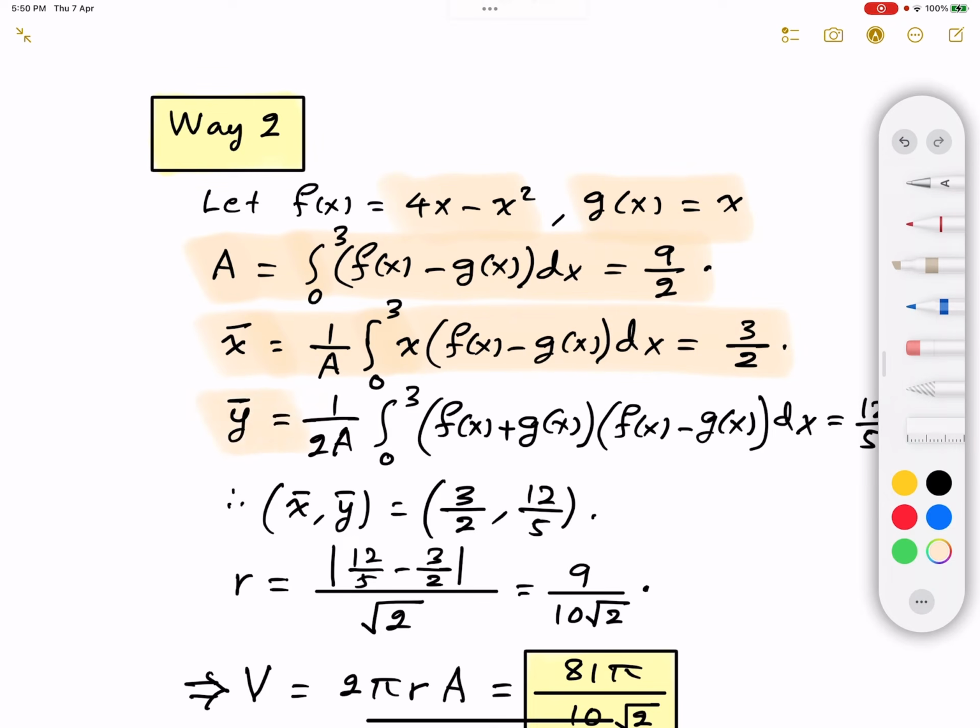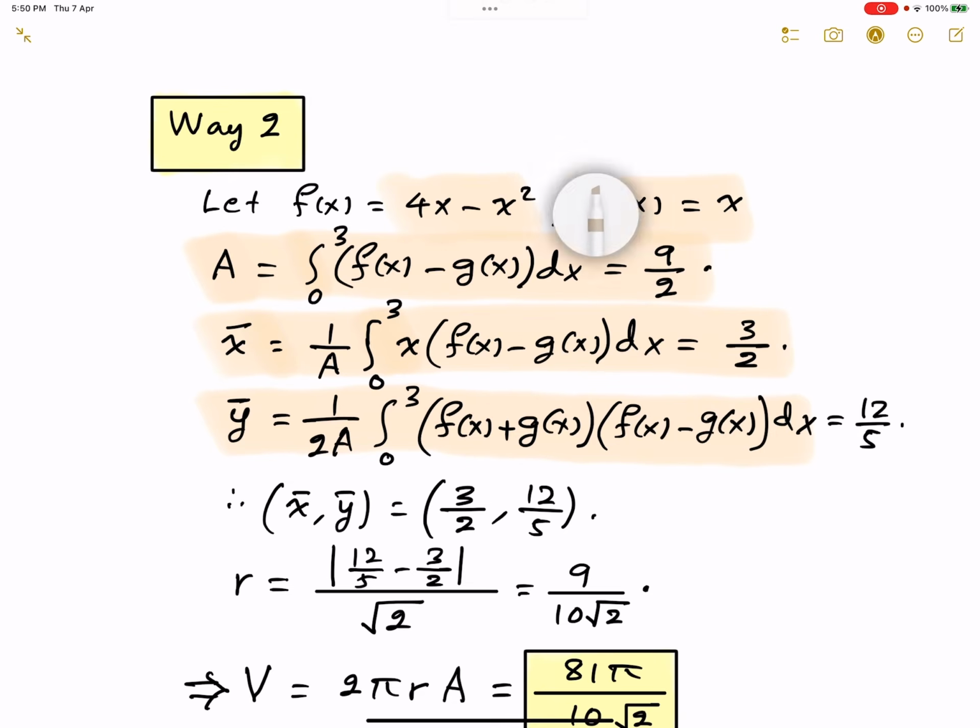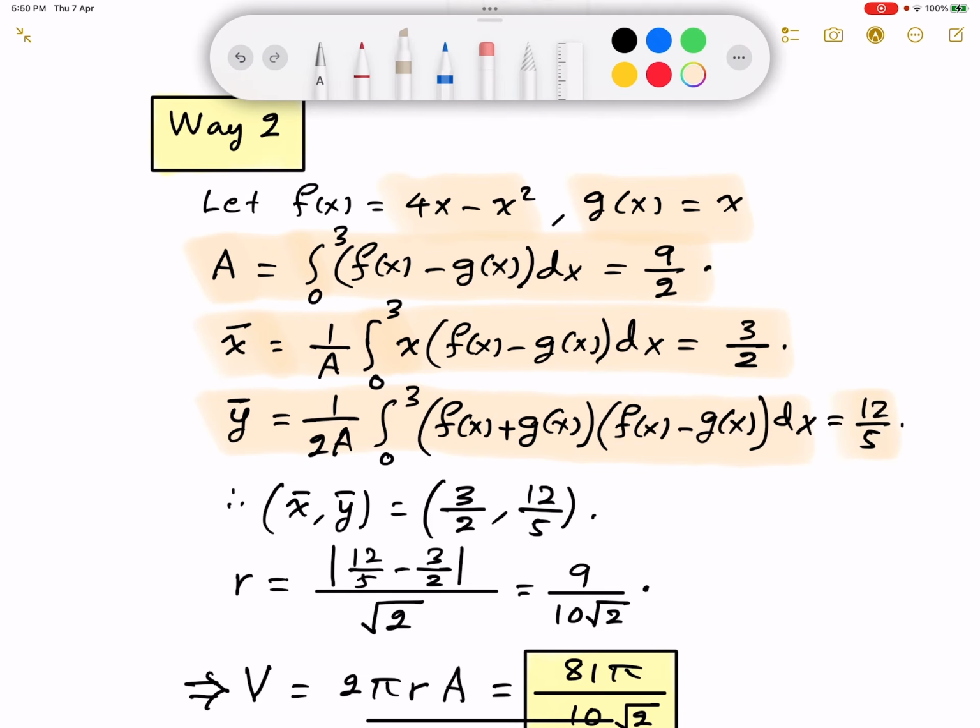And the y-coordinate of the centroid, which is 1 over twice the area A, the integration from 0 to 3, f of x plus g of x, f of x minus g of x dx, that would give me 12 by 5.